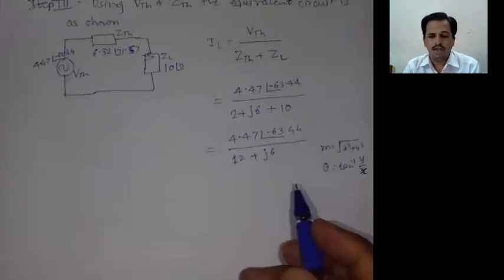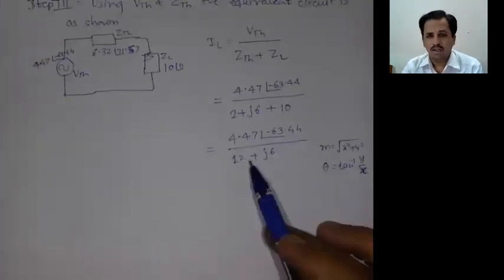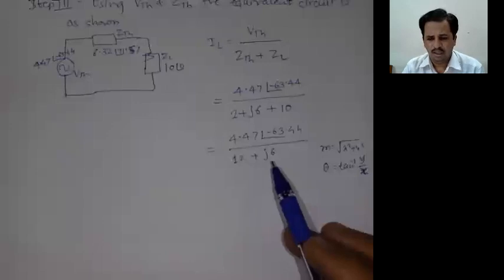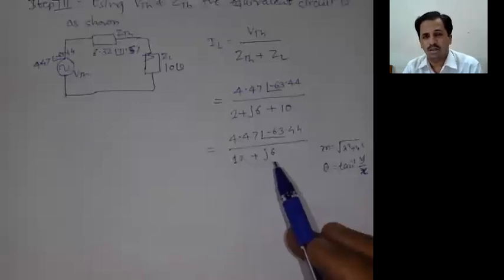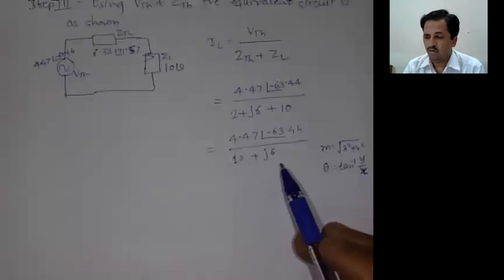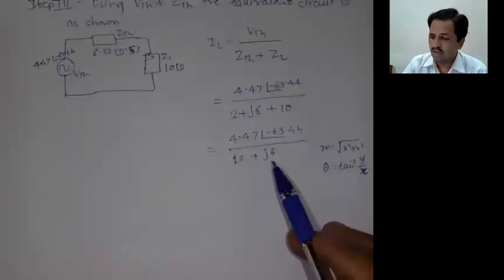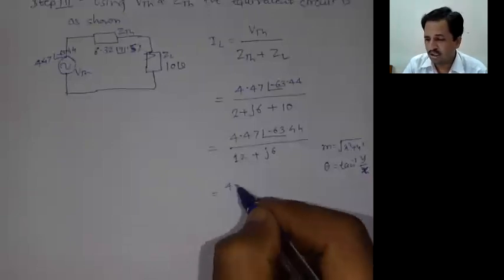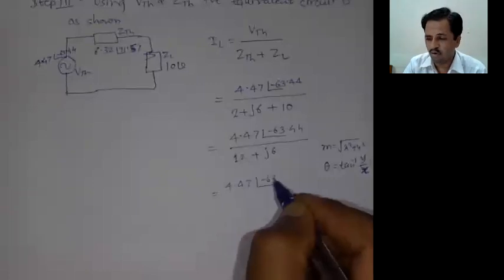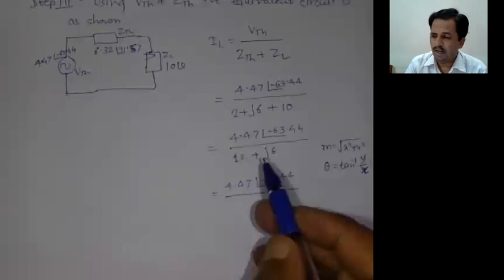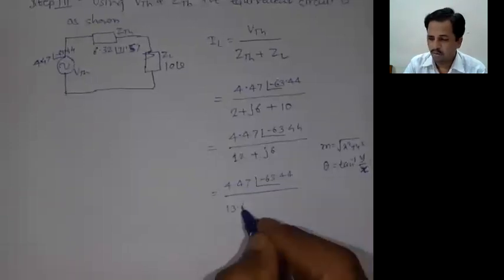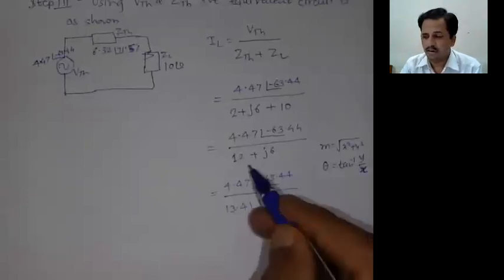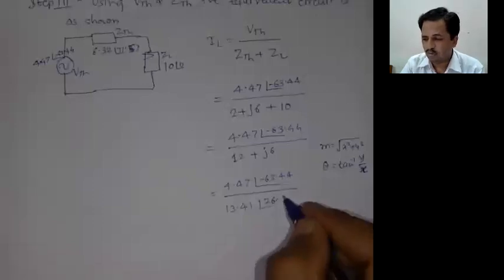Here 12 square plus 6 square is 144 plus 36, that is 180, so we make the simplified value, which becomes 13.41. So it is 4.47 with angle minus 63.44 upon a magnitude of 13.41. And what is the angle? The angle is tan inverse of 6 divided by 12, and its value is 26.56.